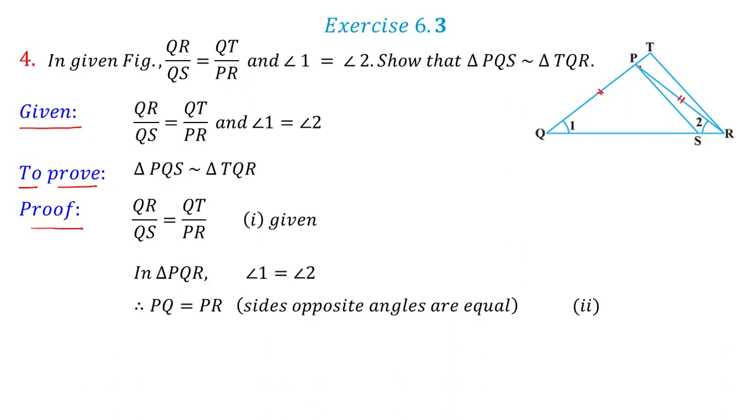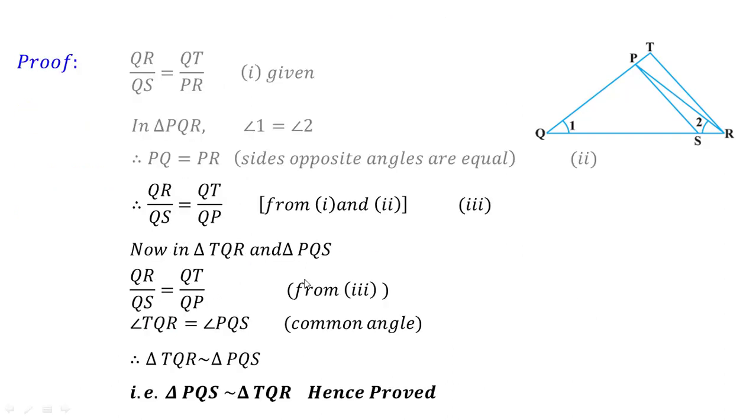So what I can do, I can replace this PR with PQ, as we already discussed that angle 1 and 2 are equal, so their opposite sides are congruent. So this PR will be replaced by this PQ. By replacing I will get QR upon QS is equal to QT upon QP.